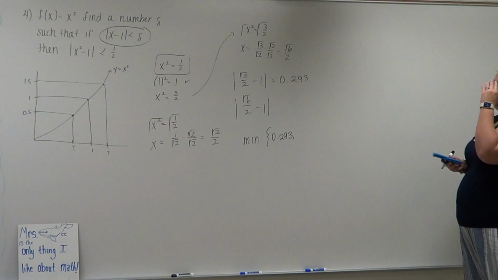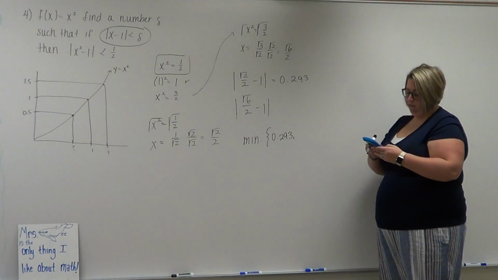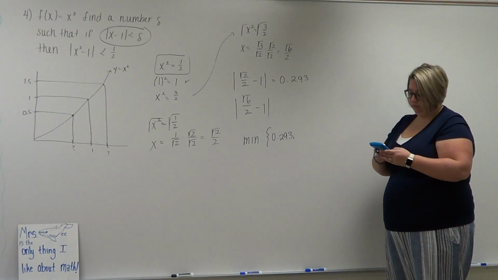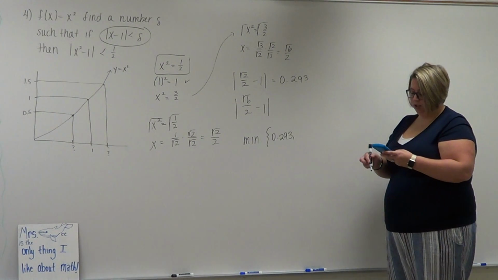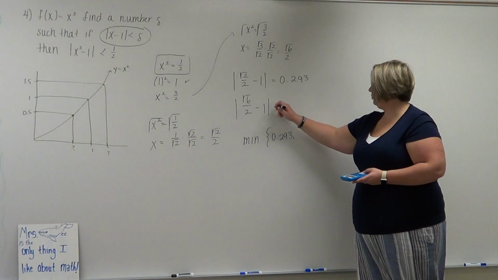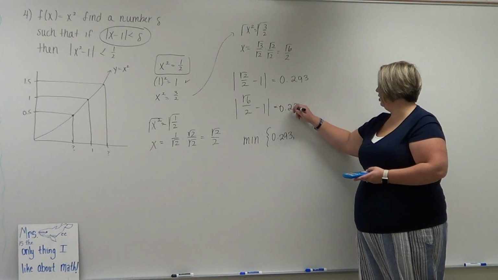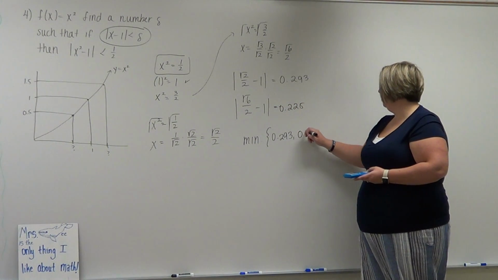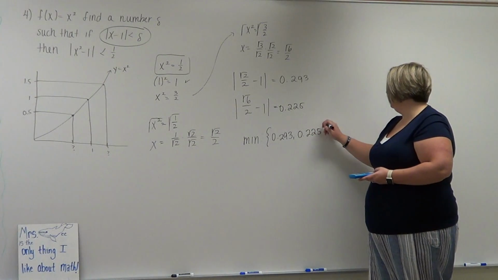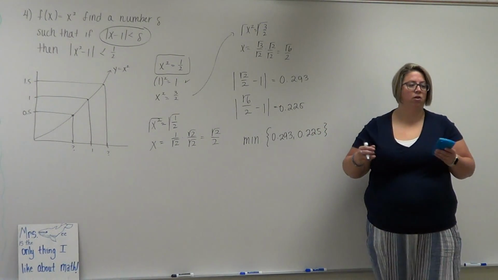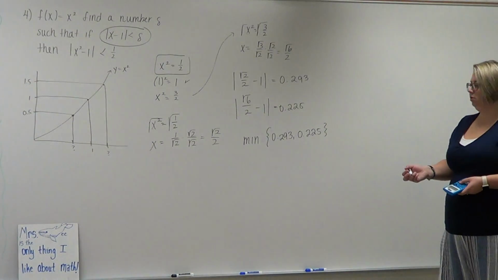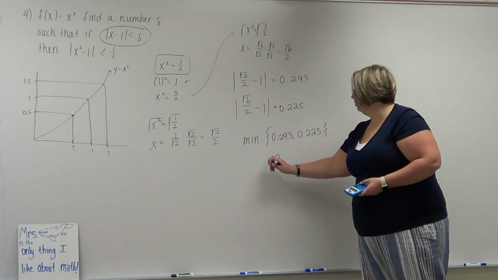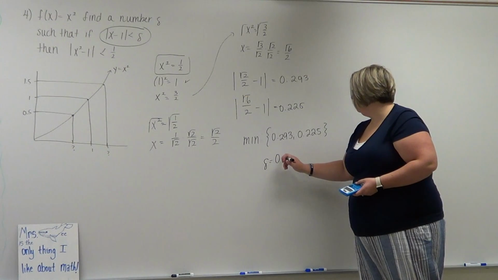Then if I did square root of 6 over 2, subtract 1, I get 0.225. Absolute value is still 0.225. Okay, and I want to take the minimum because I'm trying to find the smallest error possible. So which one of these is the smallest? Okay, so that would be your delta.